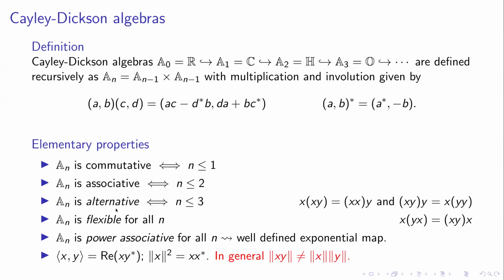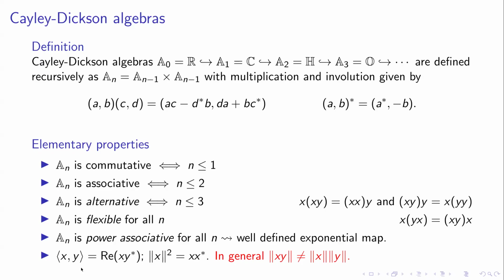Well, I was saying that they are alternative up to the octonions. If you don't know, this is the definition of the alternative property. And a property that holds for all n is that the Cayley-Dickson algebras are flexible, which means some kind of less restricted associativity, and they are power associative. In particular, with this, we can define the exponential map and some other power series.